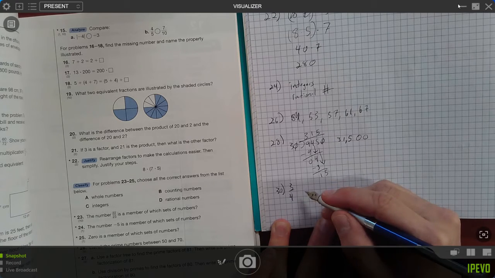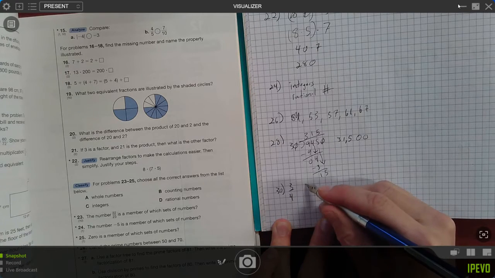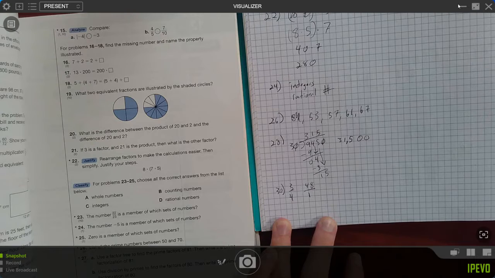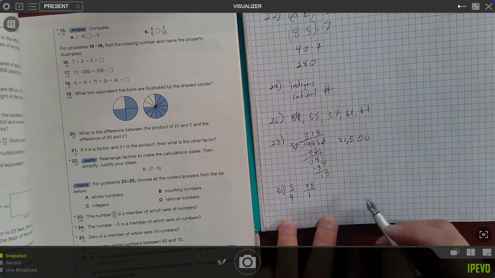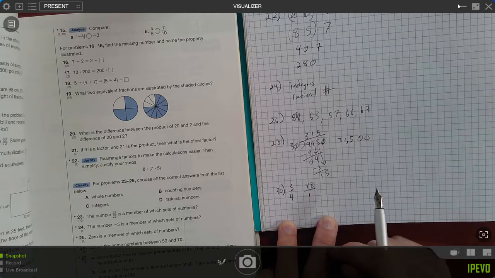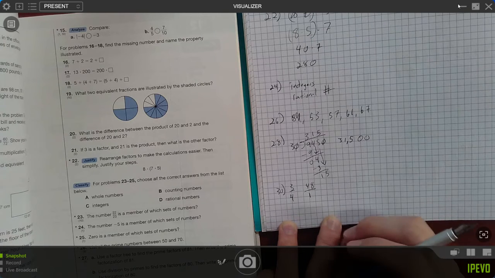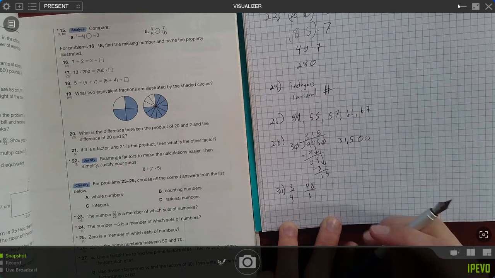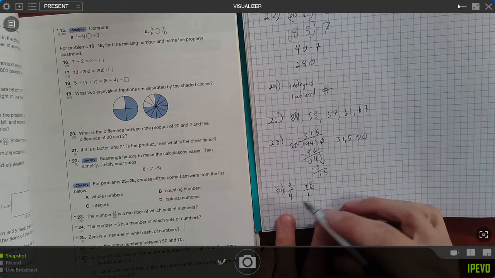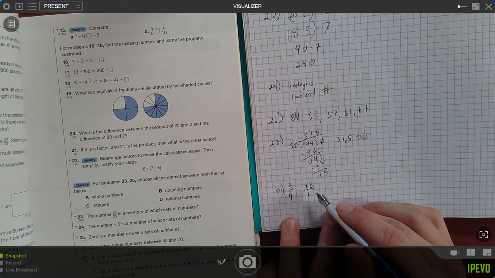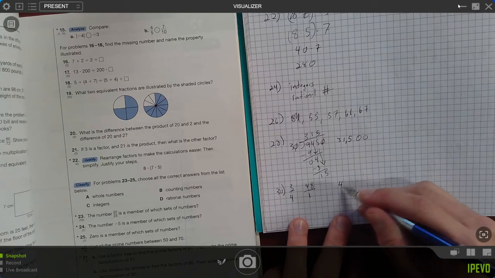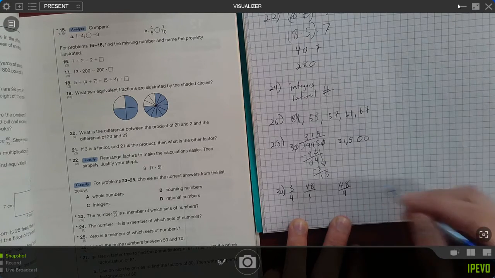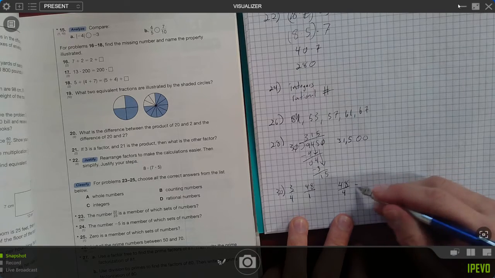Okay, last question. 3/4 of 48. So I can multiply across and then divide by 4, or I can divide by 4 and then multiply by 3. Either way works in this particular case. So let's go ahead and divide by 4 first and then multiply by 3. So 48 divided by 4 equals 12.